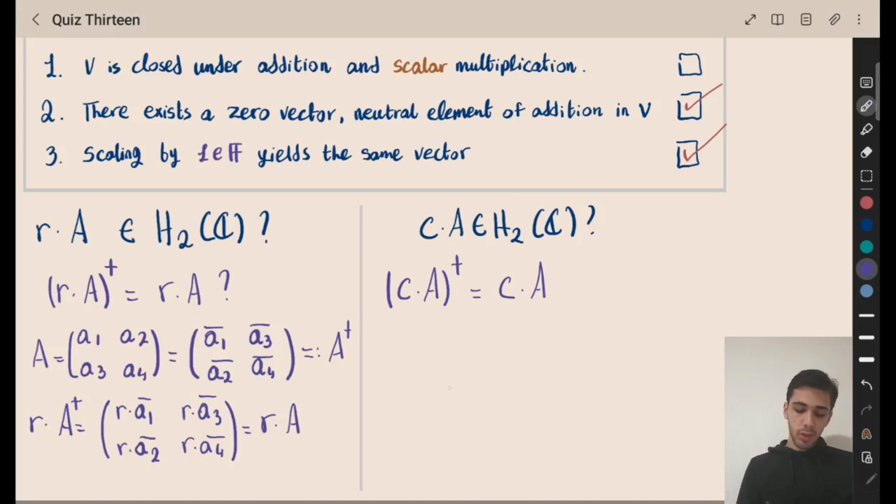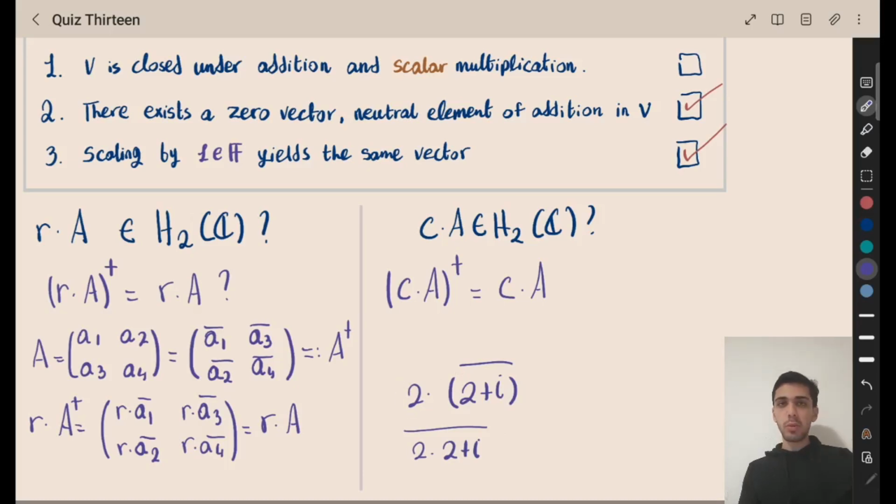If I, for example, take the conjugate of 2 plus I, and let's say I multiply by 2, it is the same thing as 2 times the conjugate of 2 plus I. Because if you think about this for a moment, you're multiplying by a real number which has zero effect on the conjugation. It doesn't change anything about the sign of the imaginary part, for example.